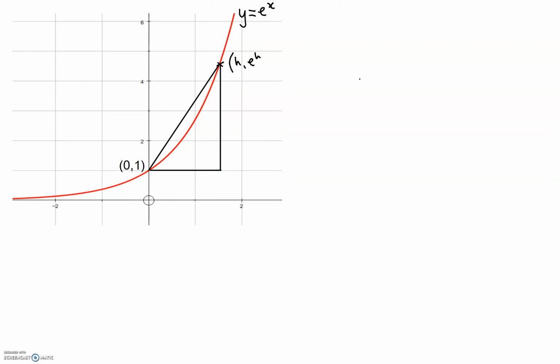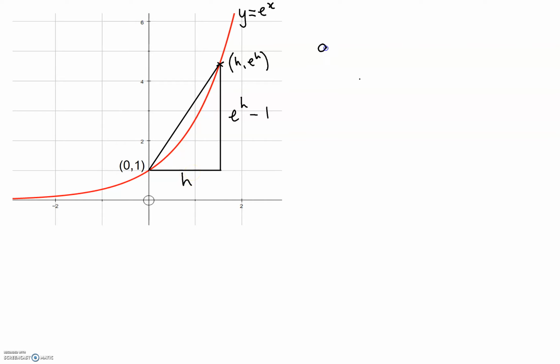And you can see that the change in y is going to be the y coordinates. So e to the h, take away 1, and the difference in x is going to be h.